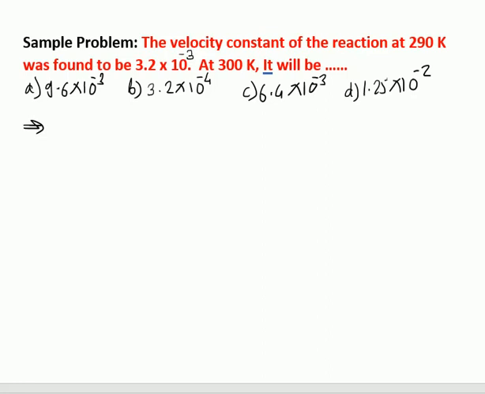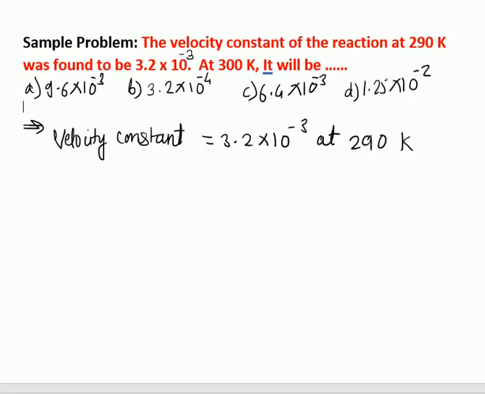What will be the velocity constant at 300 Kelvin? See, the temperature is raised from 290 Kelvin to 300 Kelvin, that is by 10 degrees.